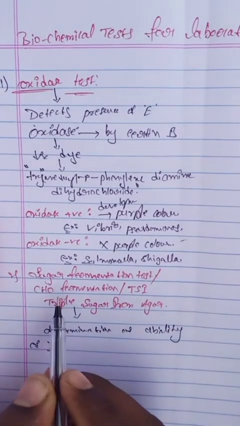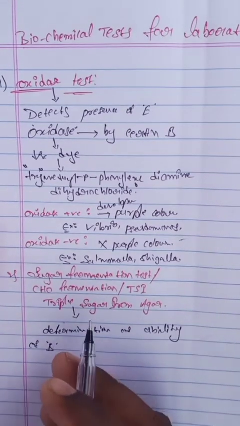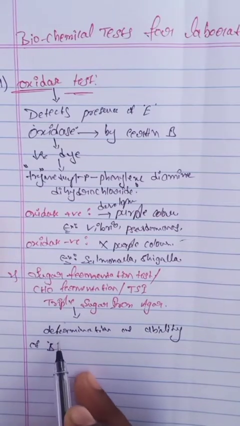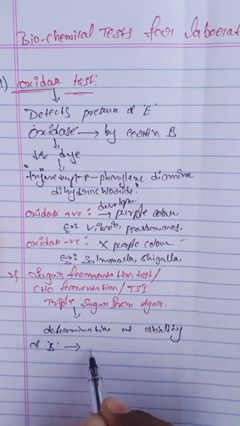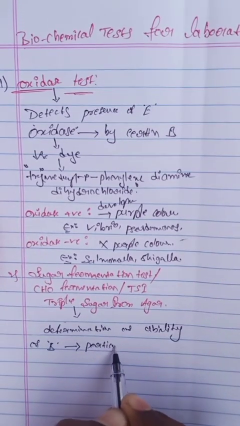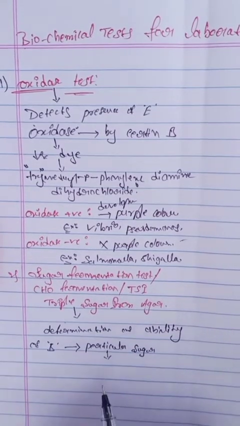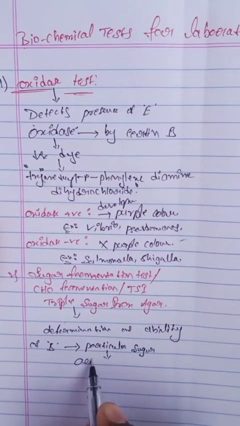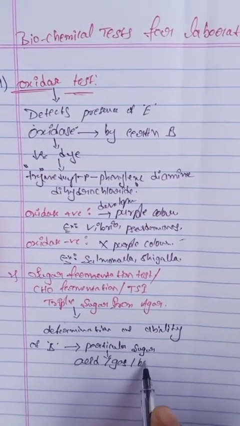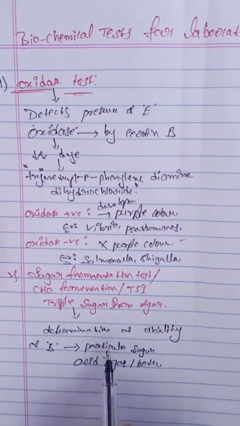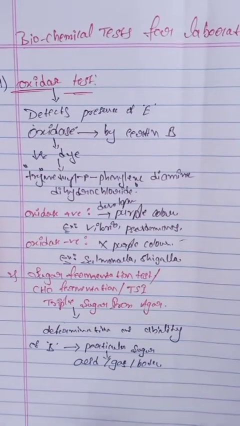The fermentation test checks the ability of the bacterium to ferment a particular sugar and produce acid or gas or both. The final result is that acid, gas or both are produced.